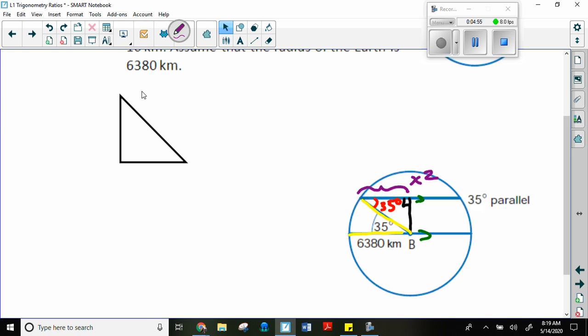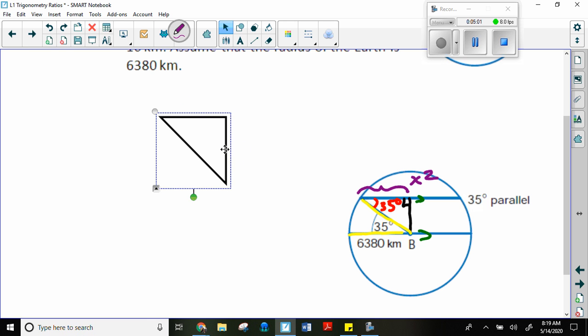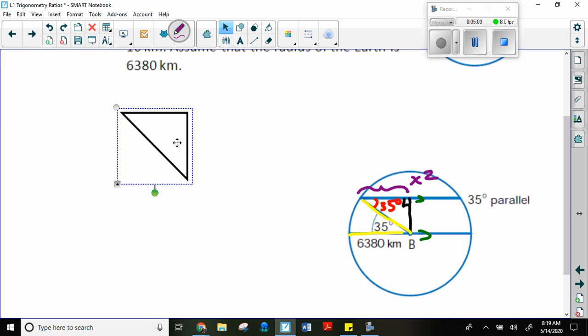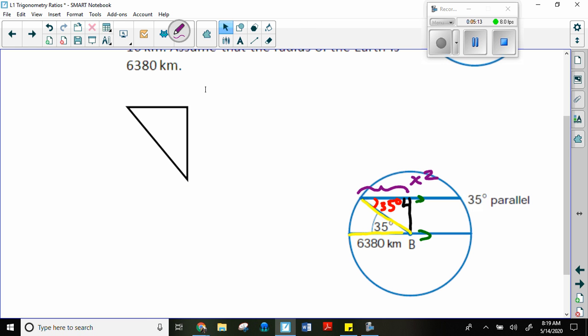So here we go. There's our triangle. Okay, perfect. So we know that this is the 90 degrees. We're trying to find this side.